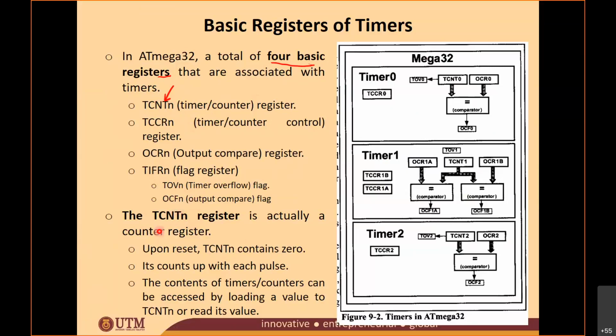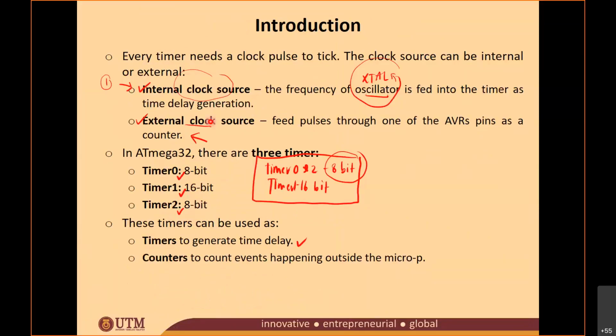This TCNT will count up with each pulse. The value inside this TCNT will be incremented depending on the clock source that you are going to use, either an internal clock source or an external clock source. If you're using the internal clock source, then every tick, or every millisecond, the value of your TCNT will be incremented.